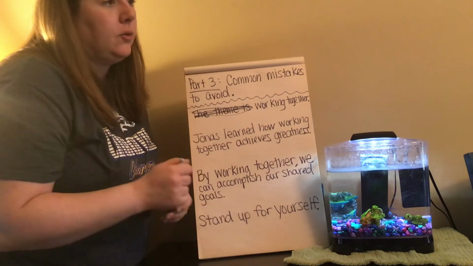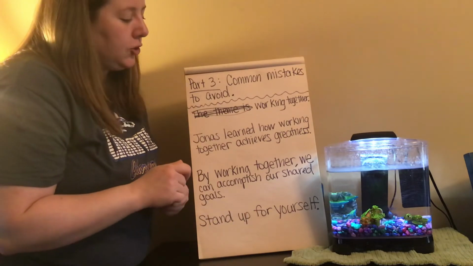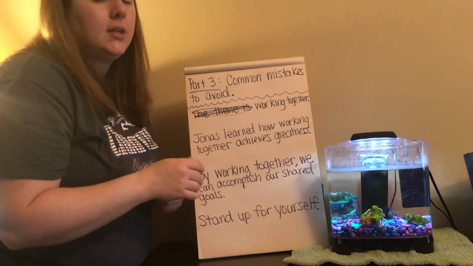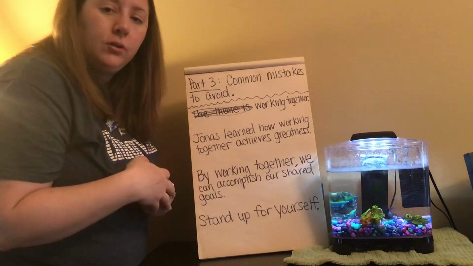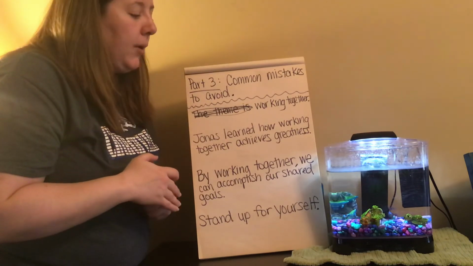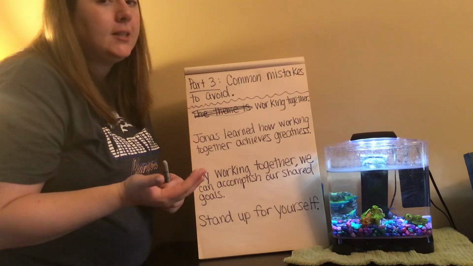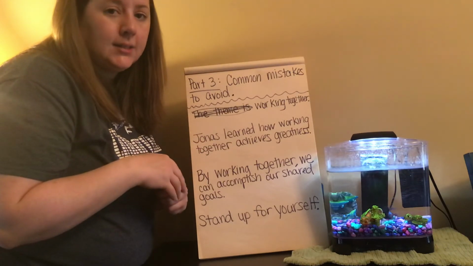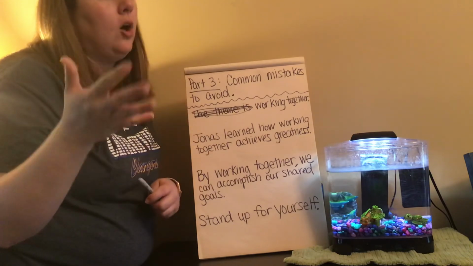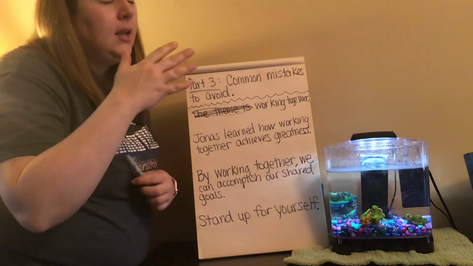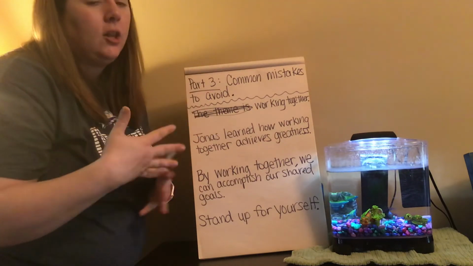And where in the story did that make us happy or be our true selves? We should be able to come up with evidence or where from the story we got that from. Otherwise, what you've done is you've written a thematic statement that's great, but it doesn't relate to the text. So don't forget to always go back to the text in case you kind of get lost and just kind of get off track.